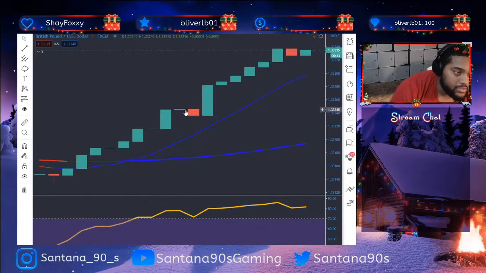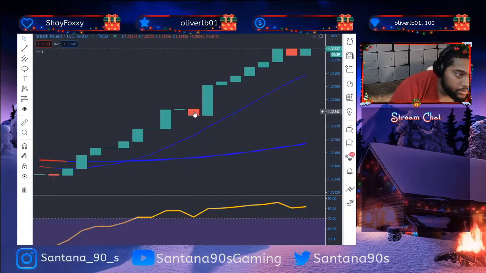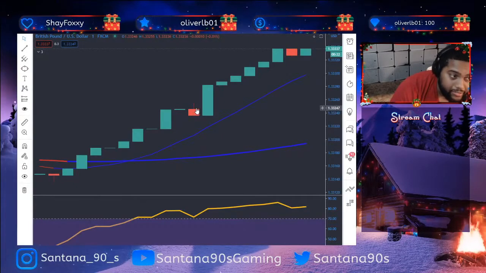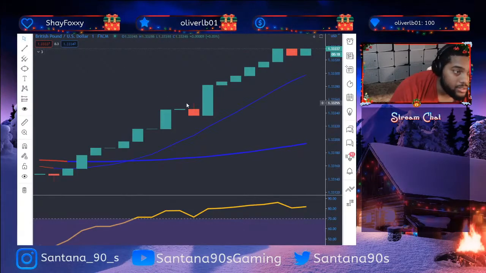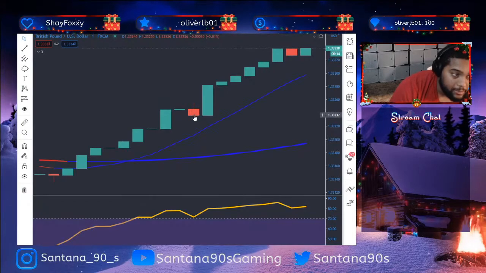So let's see right here. The top of the red candle body, that's where the price opened. Let's say we're on the 1 minute. So when the 1 minute started, that's where it opened. And the bottom is where it closed.